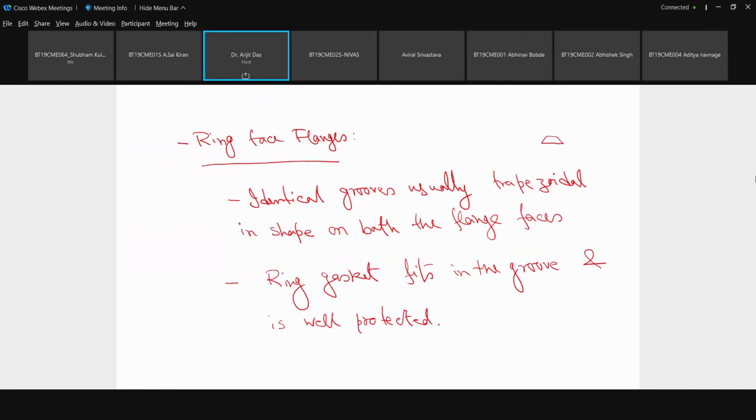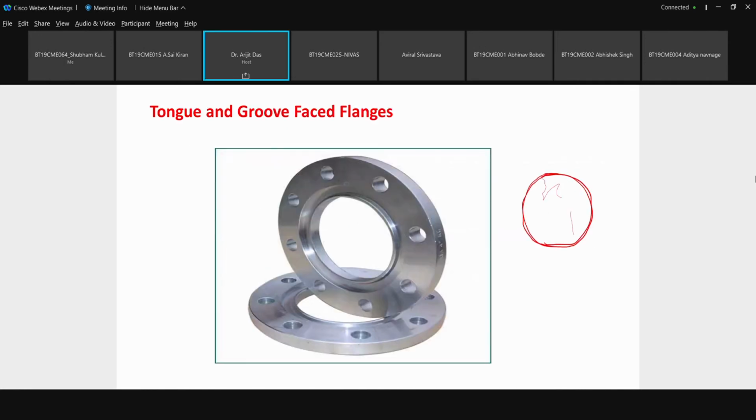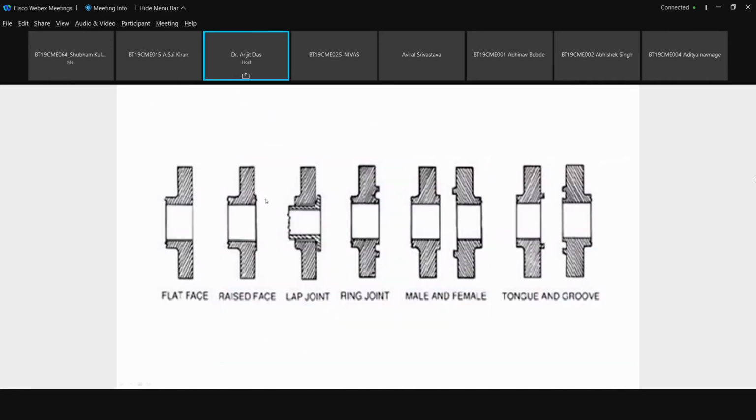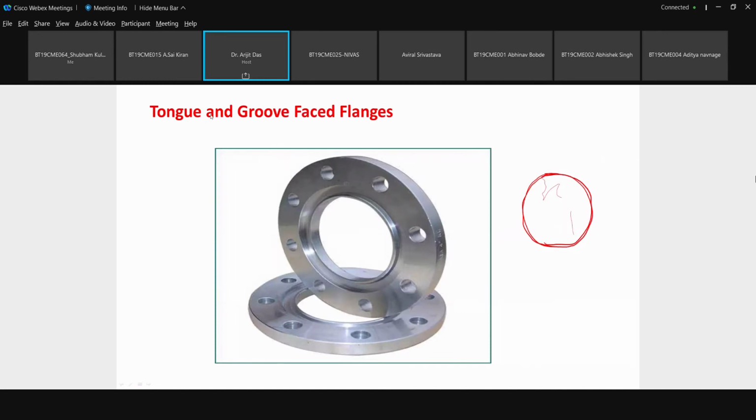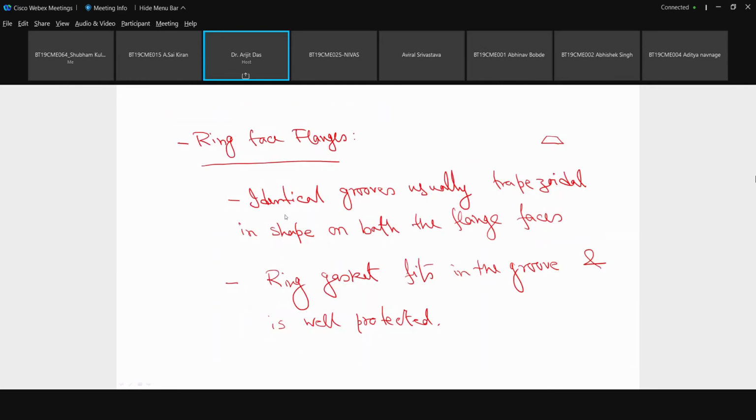And the last is the ring-faced flanges. You don't go for this. The title, okay, the name is wrong. It should be the ring-faced. So you see here, this is the case for the ring face flange. At first you see here the identical grooves in both the faces.